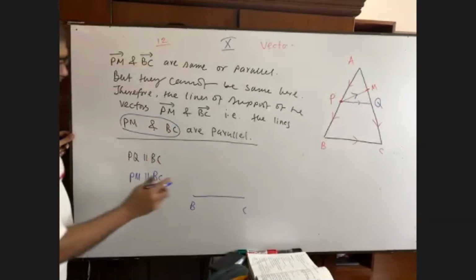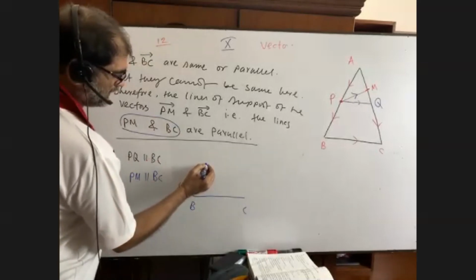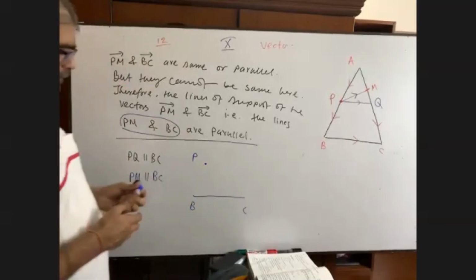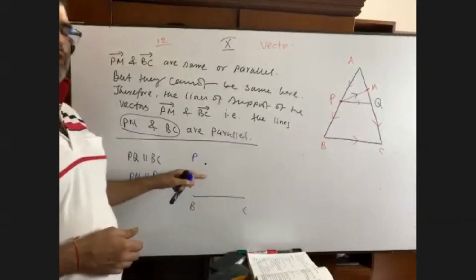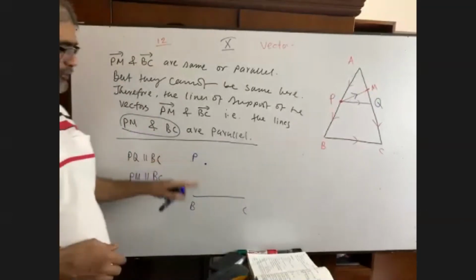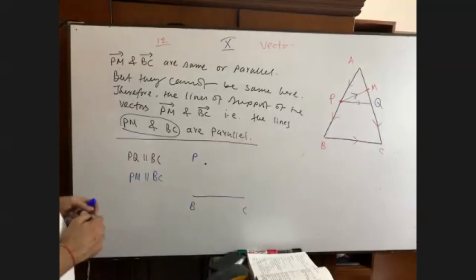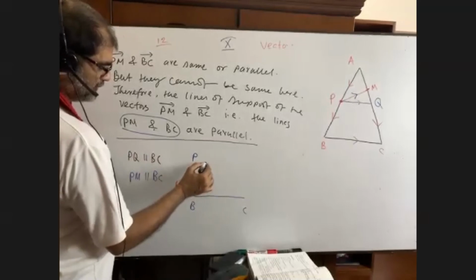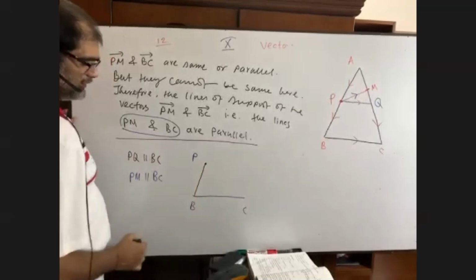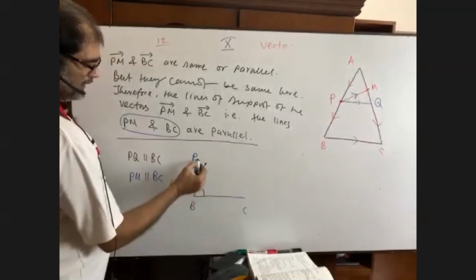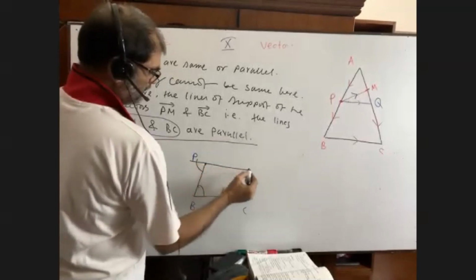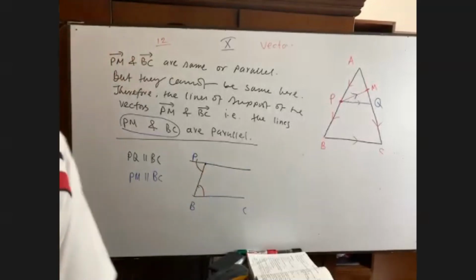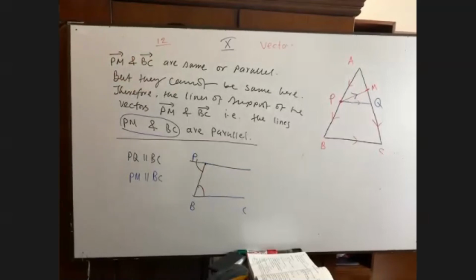A point P, suppose a point P. In class 6, you were taught that only one straight line can be drawn passing through one point which is parallel to a given straight line. That means we can draw a parallel line passing through P like this, here in this way. This angle and here this angle, their alternate angles are equal.